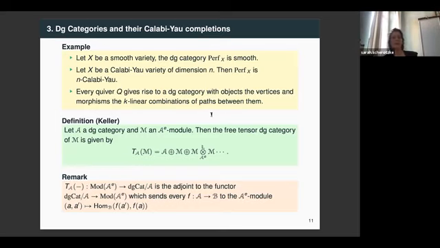Keller has defined the following: if I have a DG category A and an A bimodule M, then we can consider the free tensor DG category of M. It is given as follows. T_A of M is the sum of A plus M plus M tensor M over A^e, as A bimodules, and so on.